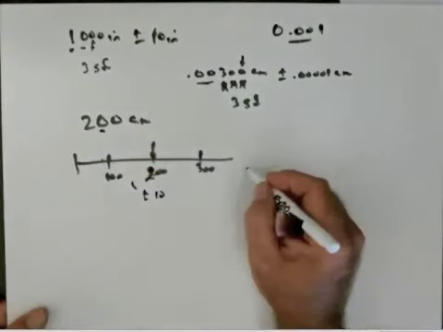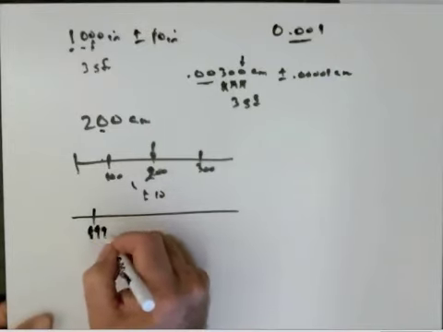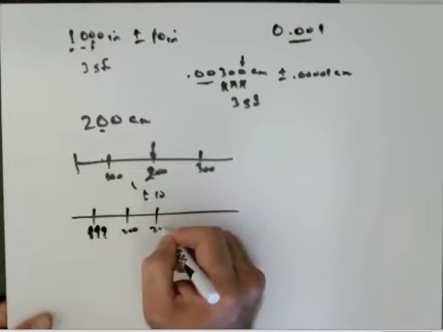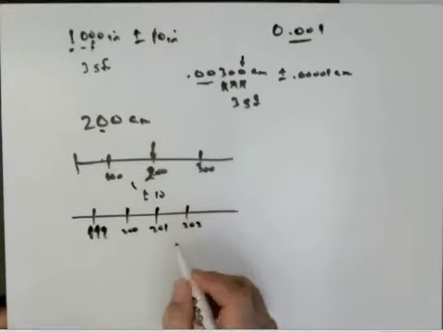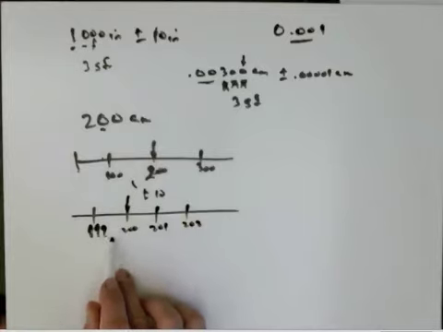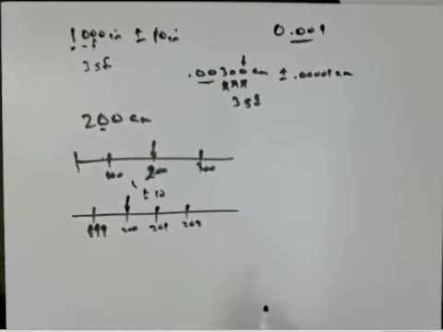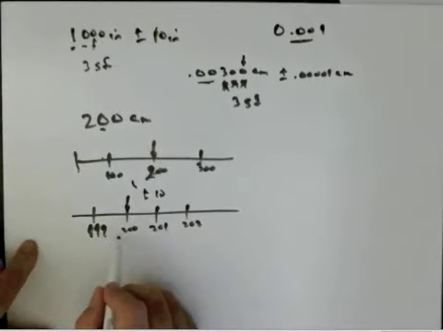What if it was a ruler like this, where it went 199, 200, 201, 202. If it was right there, this ruler is going by the ones place. Then the tenths place would matter, and I would need a 0.0. So that's not confusing.